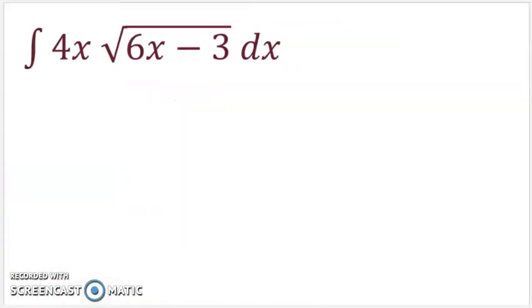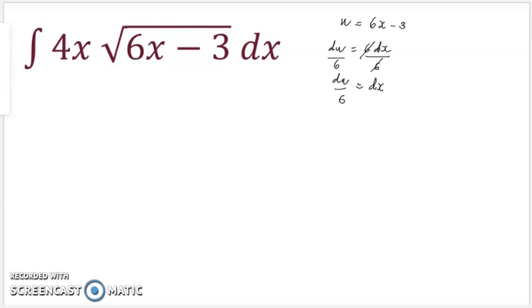For our next example, we have the integration of 4x times the square root of 6x minus 3 dx. So it's similar to the previous one. Therefore, we have our u as 6x minus 3 and our du is 6 dx. Dividing both sides by 6, our dx can be replaced with du over 6.